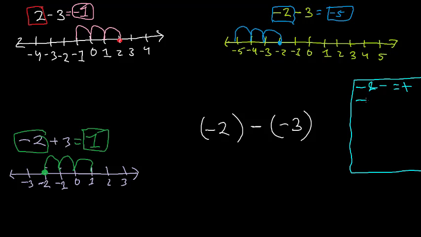If we have a positive plus a positive, this also equals a positive. And if we have a negative and a positive, this is going to equal a negative. So what this means is, for example, we have a negative sign here and a negative sign here.